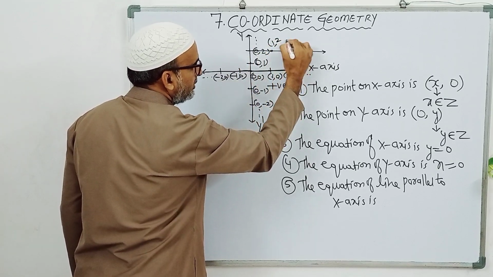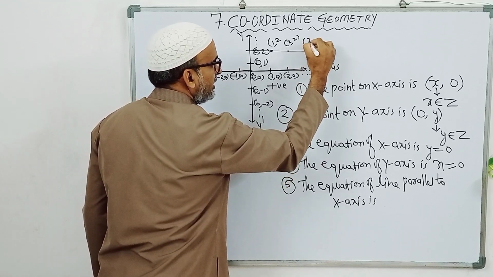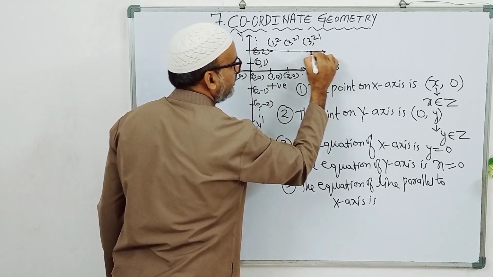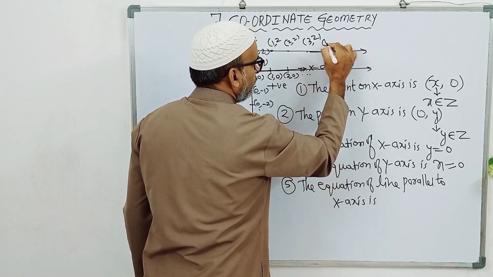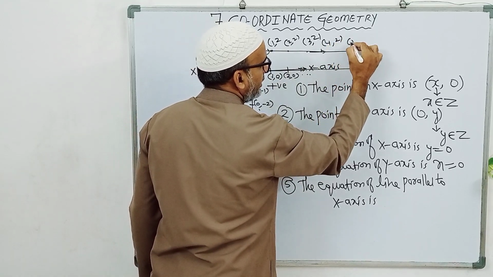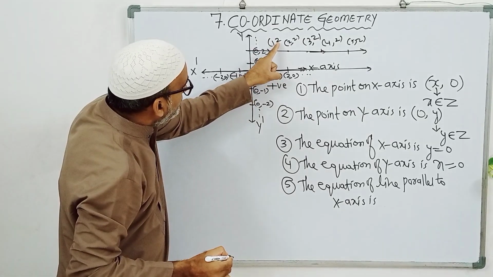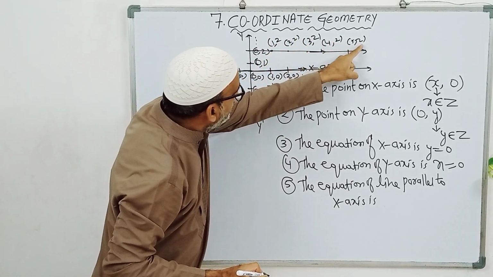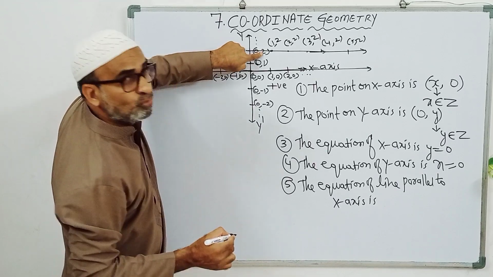Here what will be the point? 2 comma 2. Here, x is 3, y is 2. If you extend this, 4 comma 2, 5 comma 2. If you see here, 2, 2, 2, 2, 2. This line is cutting the y-axis at point 2.